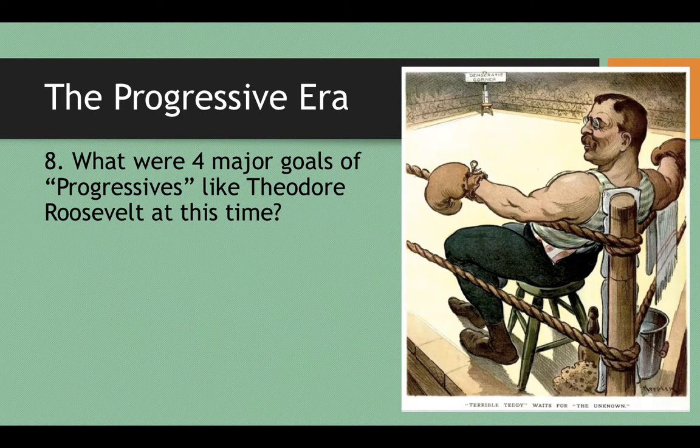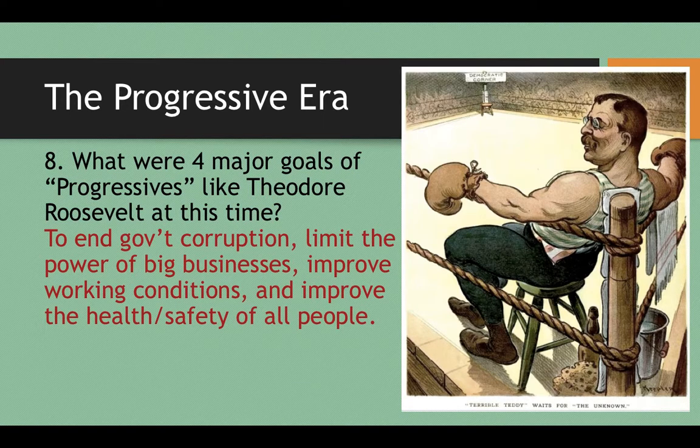Teddy Roosevelt had four major goals. There were really four major goals of progressives like Teddy Roosevelt, that's what he called himself, during the time of what we call the Progressive Era. One of the goals of progressives was to end government corruption. They saw a lot of corruption within the government during the Gilded Age, and they said we need to fix that.